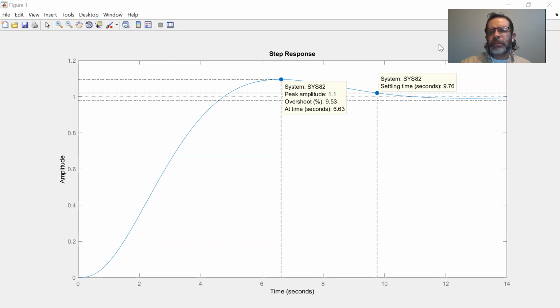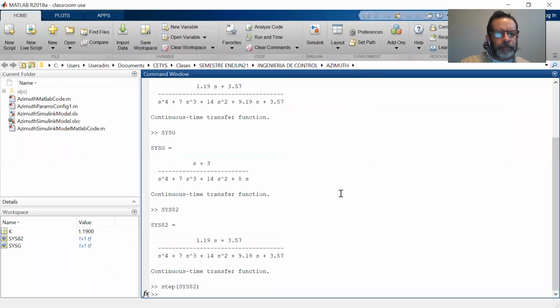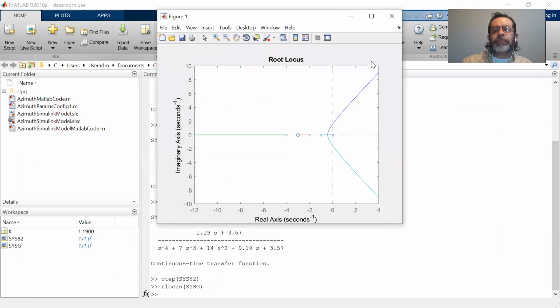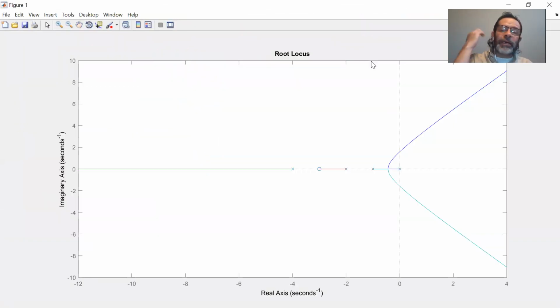Now, let me clear this one. Close this window up. Now let's do the root locus again. Remember that we're doing it for sys G. The other thing is that we can identify the boundaries of K for stability.